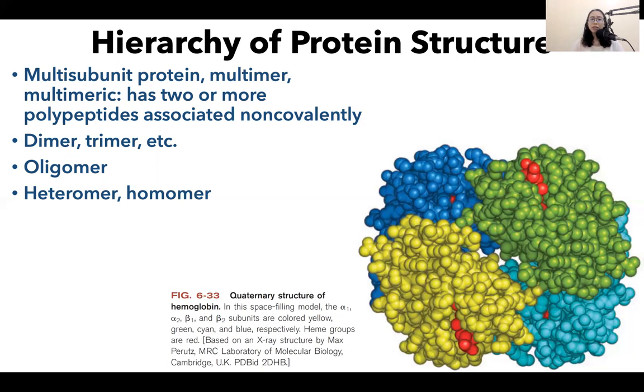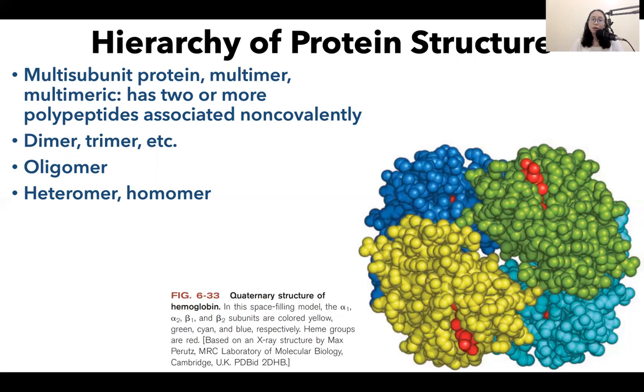Then we also have these two terms, heteromer and homomer. So if, for example, we have a dimer and the two chains are the same, they have the same amino acid sequence, then we call that dimer specifically a homodimer. Now, if the two chains are not the same, they have different amino acid sequences, we can call that heterodimer.